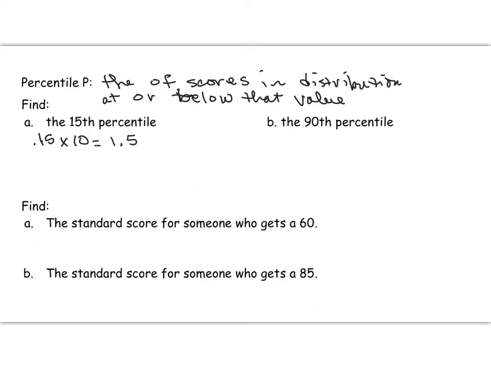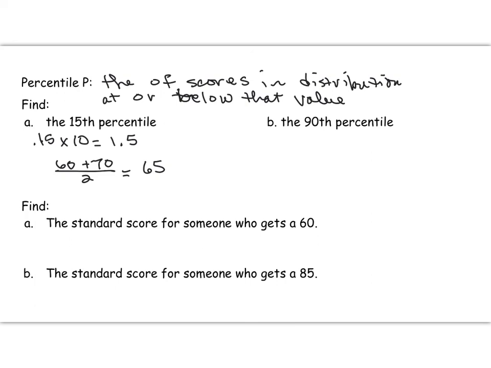That means that my 15th percentile is between the first and second value. The first value was 60, my second value was 70, so I have to take the average of those. And if I scored a 65 on the test, I would be at the 15th percentile.